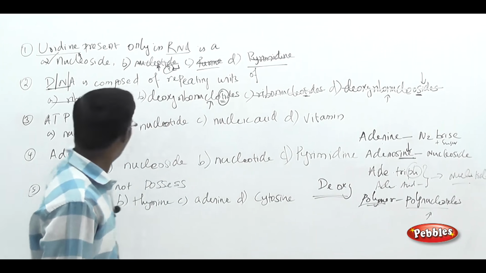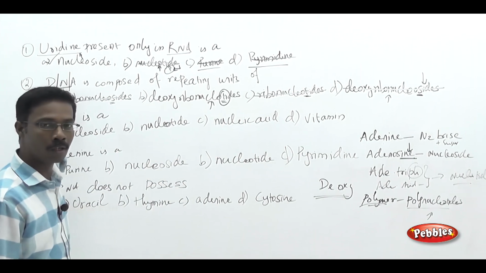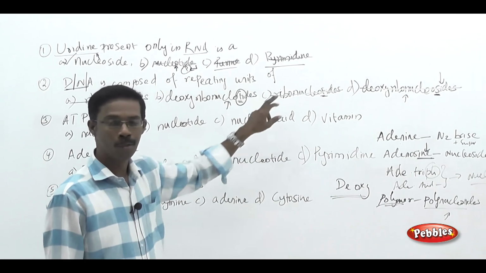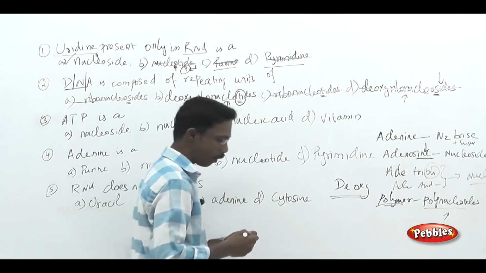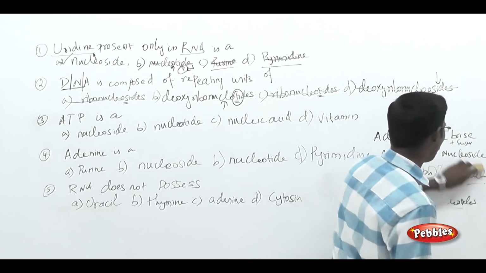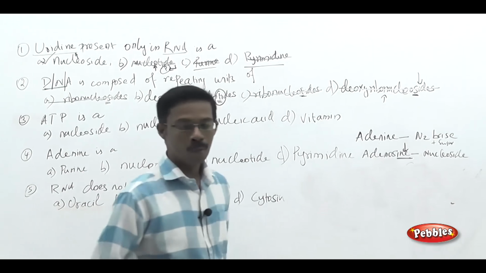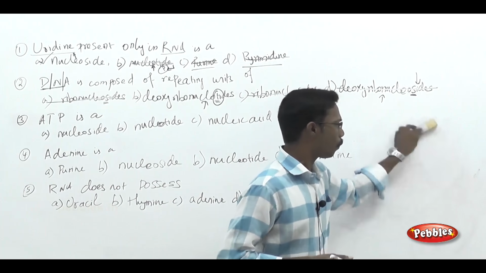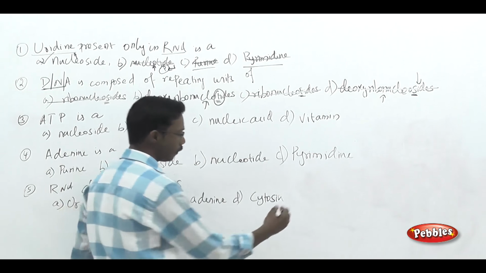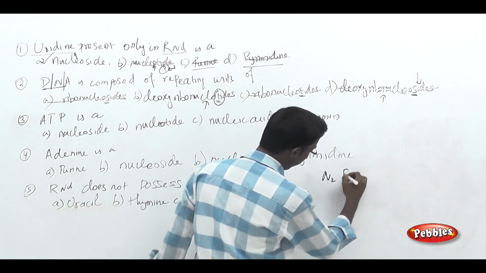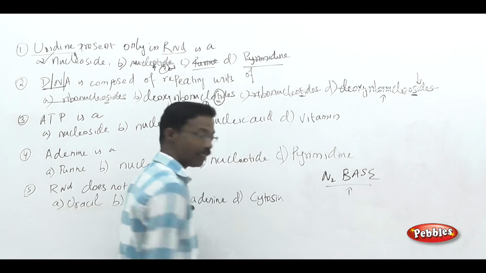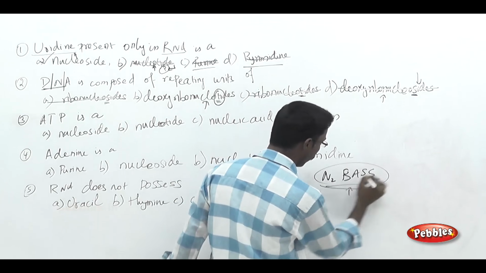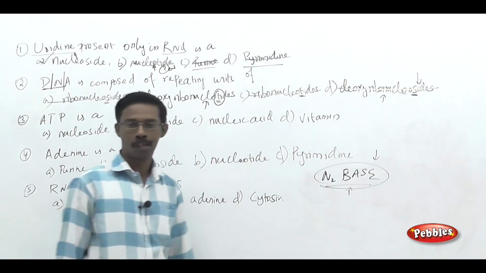So whenever you are talking about a nucleic acid, or about nucleotides, you have to choose deoxyribonucleotides. Let me explain one thing. We call these ribonucleic acid and deoxyribonucleic acid, but the major group present in a nucleic acid is a nitrogenous base: adenine, guanine, thymine, cytosine and uracil.